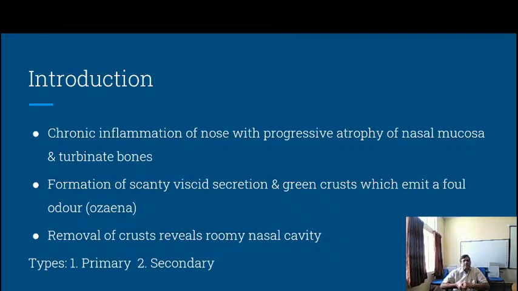Now, basically the pathophysiology is chronic inflammation of the nose with progressive atrophy of the nasal mucosa, terminating in atrophy of the mucous membrane as well as the bones, and formation of scanty viscid secretion.